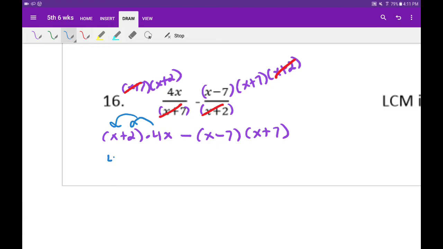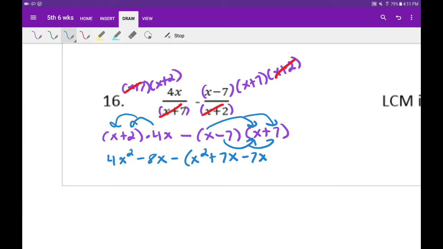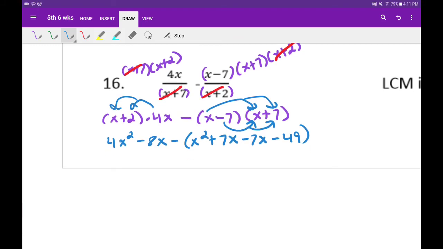So we're going to get 4x squared minus 8x. Let's go ahead and FOIL first and then distribute that negative. So minus, we're going to have an x squared, then x times 7, so plus 7x. Then negative 7 times x is minus 7x. Then negative 7 times plus 7 is negative 49, which is really just a difference of squares.